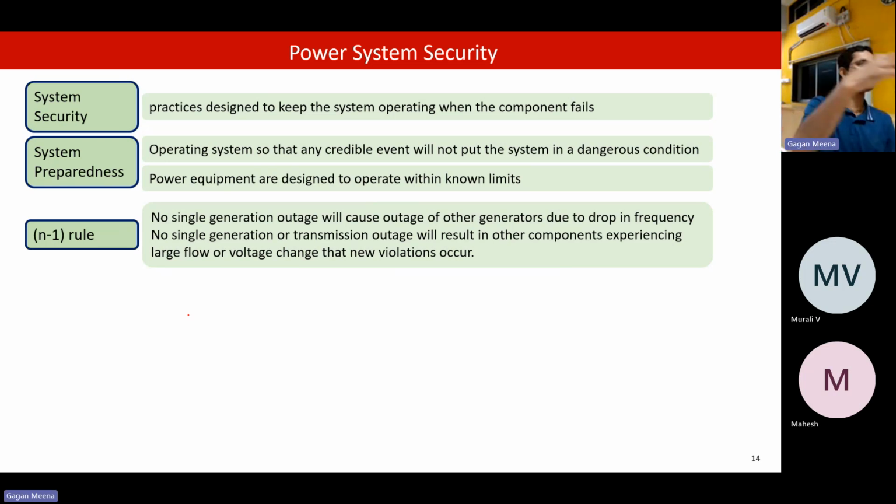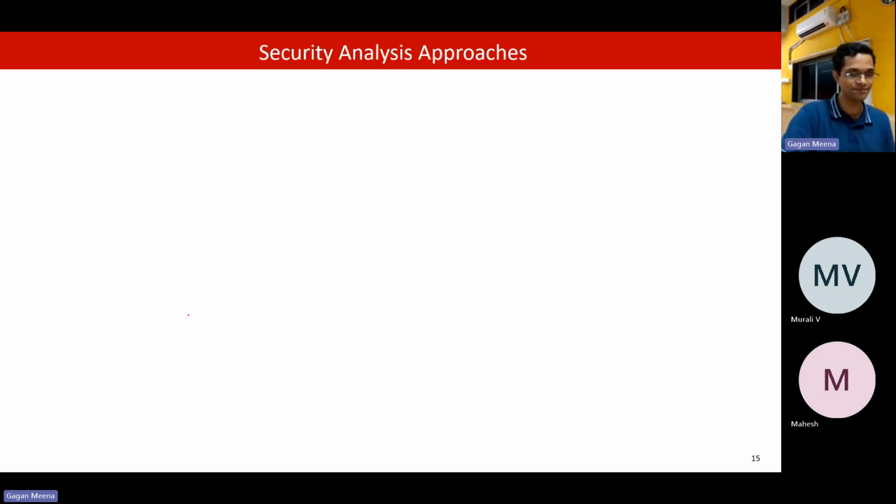Because of that, there was overload on other lines. As a result, there was a cascading failure of the transmission system, and the northern and northeastern grids completely collapsed. So these cascading failures we want to avoid.